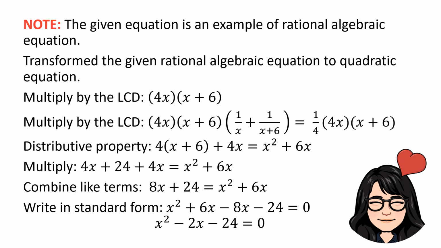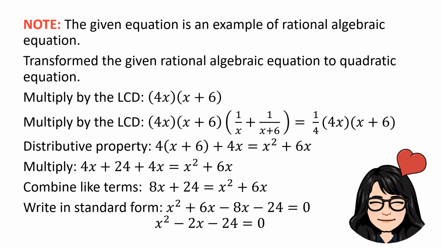Transform the given rational algebraic equation to a quadratic equation. So we will be multiplying it by its LCD. The LCD is 4x times the quantity x plus 6. Multiplying both sides of the equation will give us the quantity 4x times the quantity x plus 6 times the quantity 1 over x plus 1 over x plus 6 is equal to 1/4 times the quantity 4x times the quantity x plus 6.